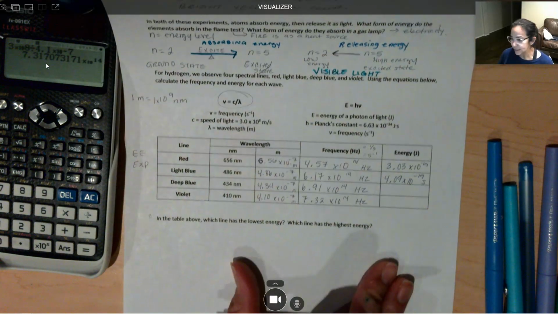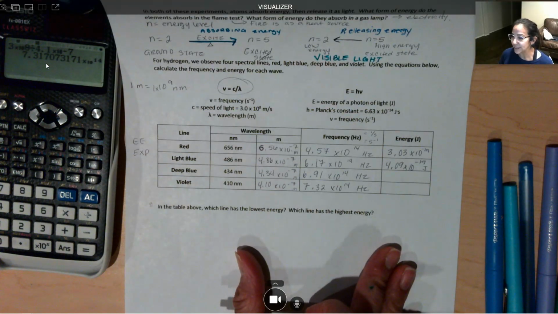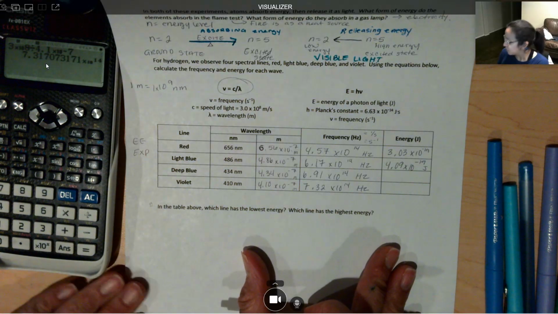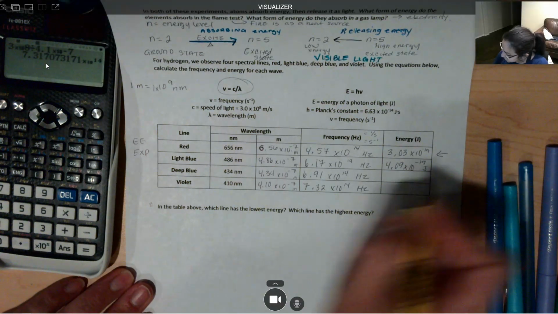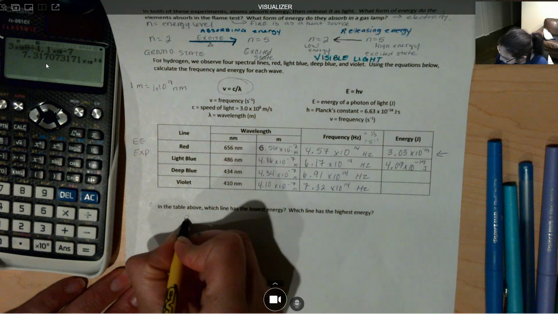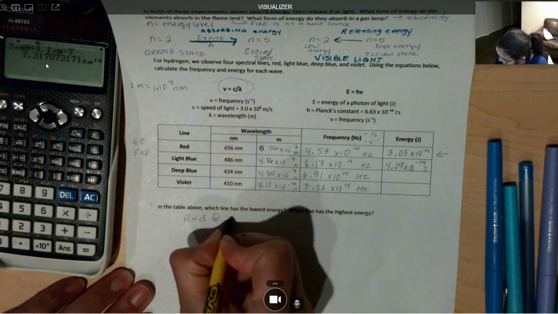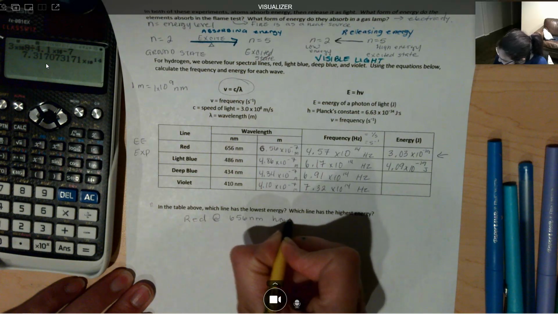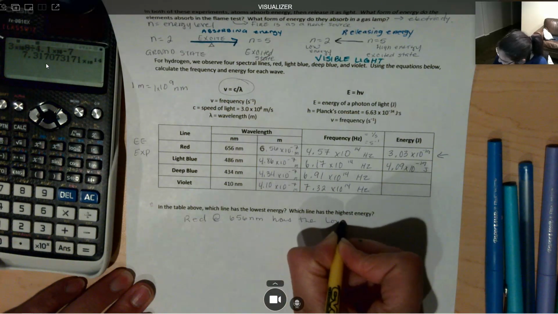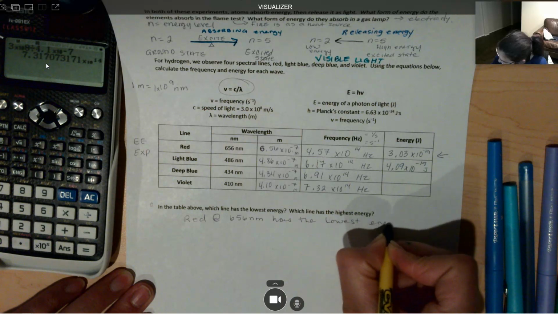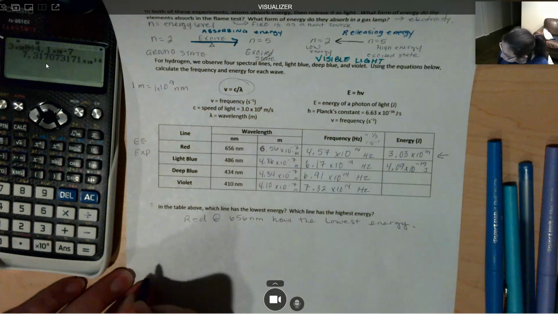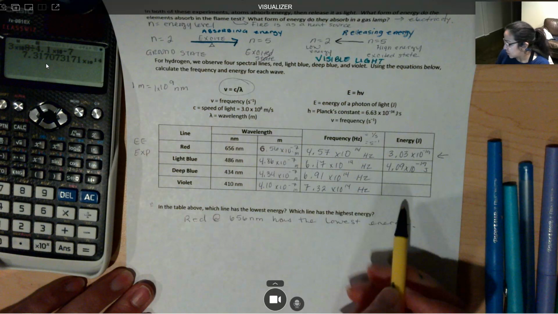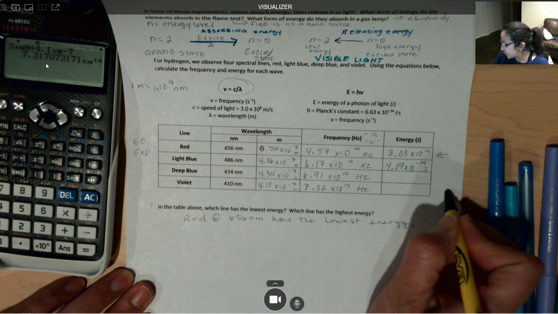With that being said, it says in the table above, which line has the lowest energy? Well, that's going to be your top one. So it is red at 656 nanometers that has the lowest energy. Which line has the highest energy? Well, I'm going to assume it's this one.